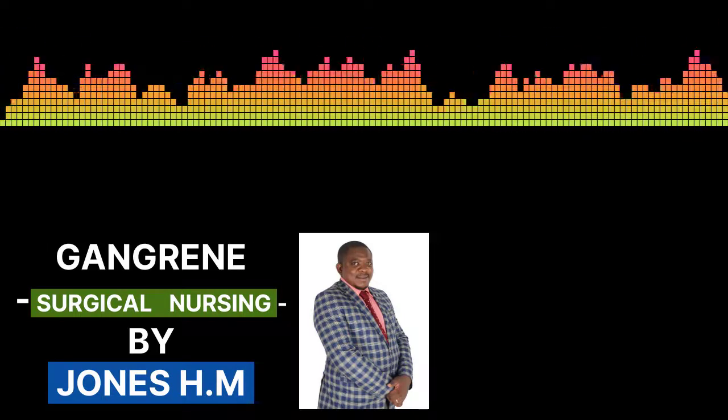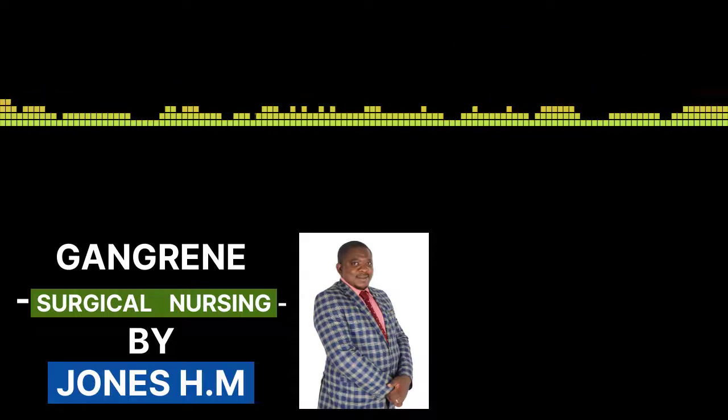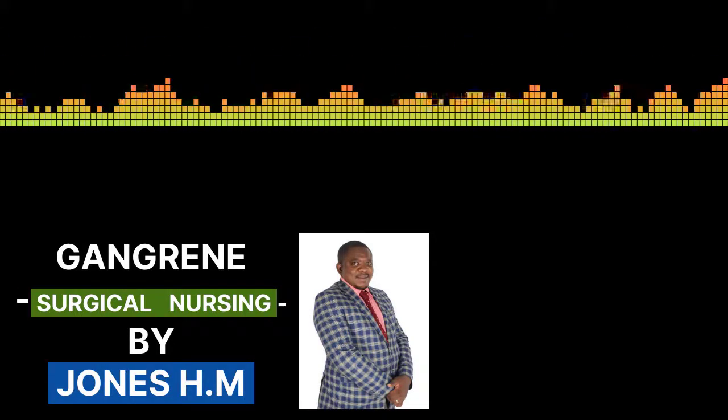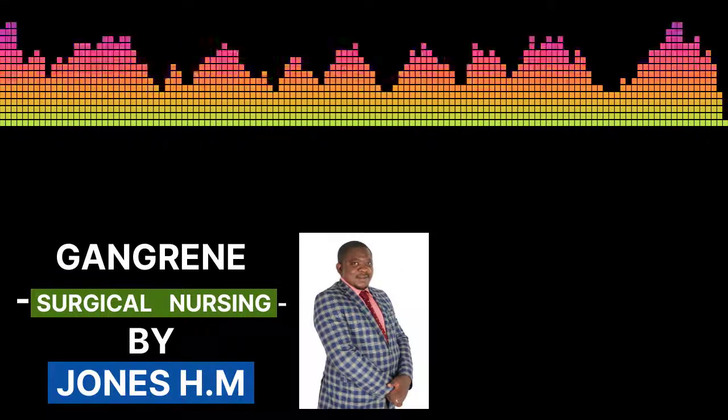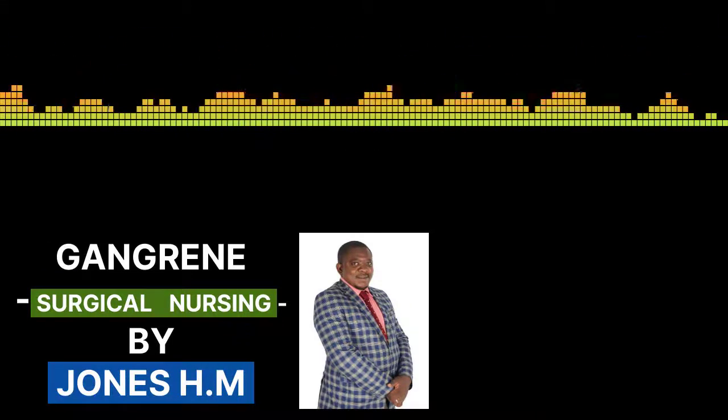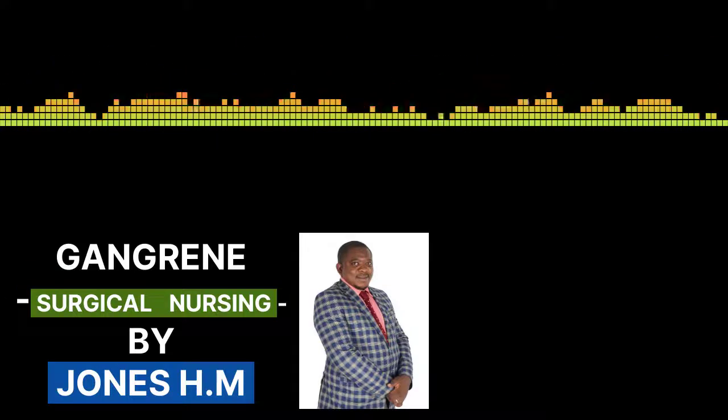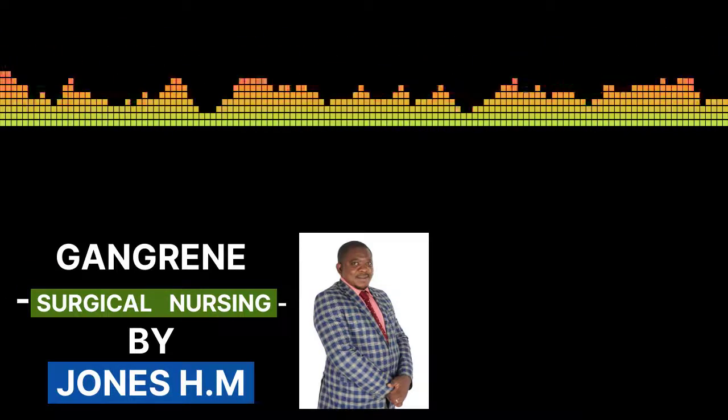It is due to blockage in the arteries supplying blood to that particular organ. Due to this ischemia, the tissue starts to dry, becomes cold, black, and gradually drops off from its attachment to the body. The affected part does not become infected. So this is what we call dry gangrene.